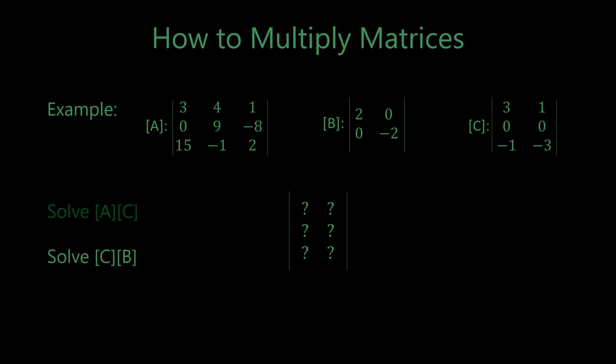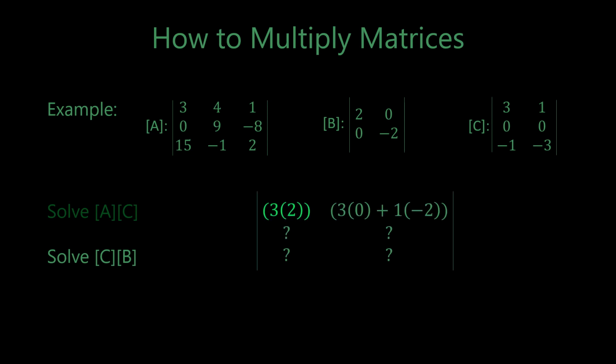So take a minute for C times B. We're going to get 3 times 2 plus 1 times 0.